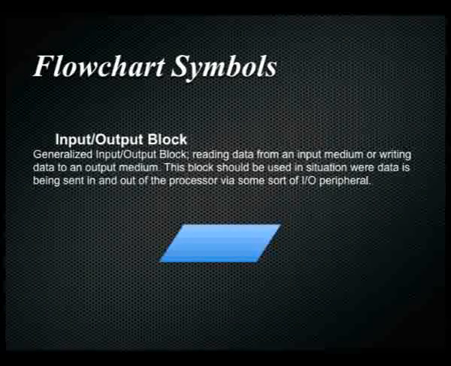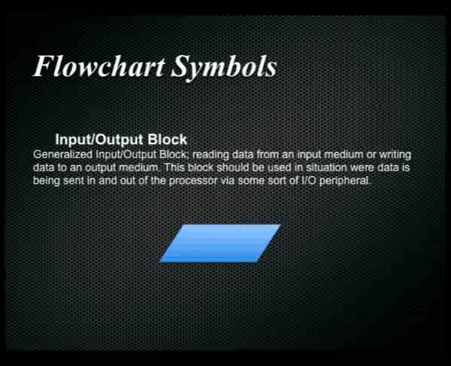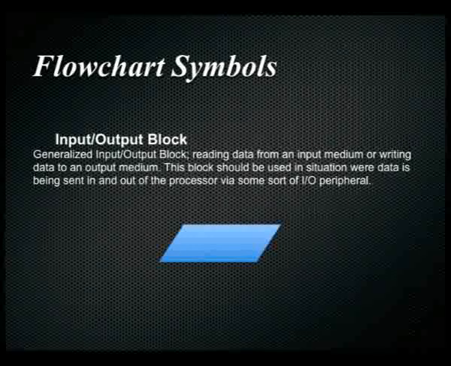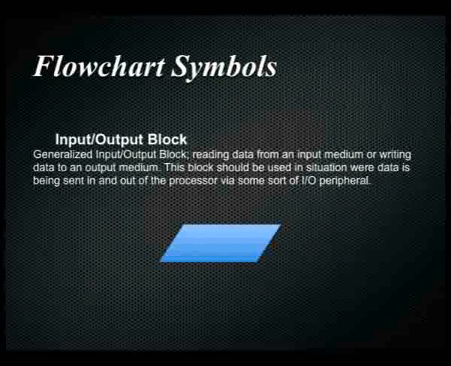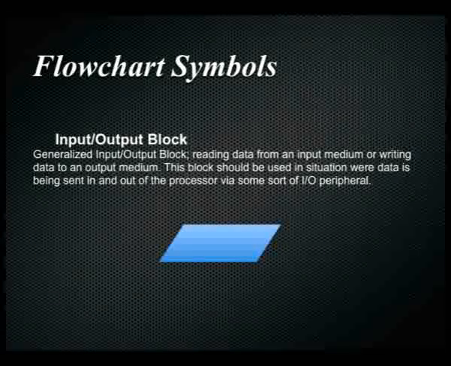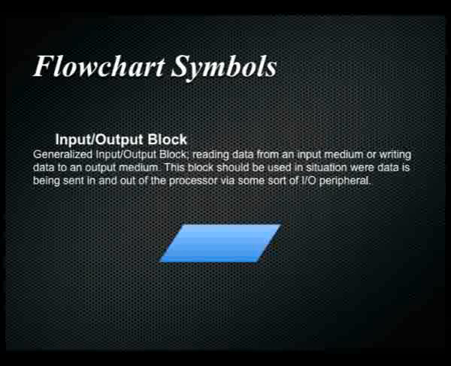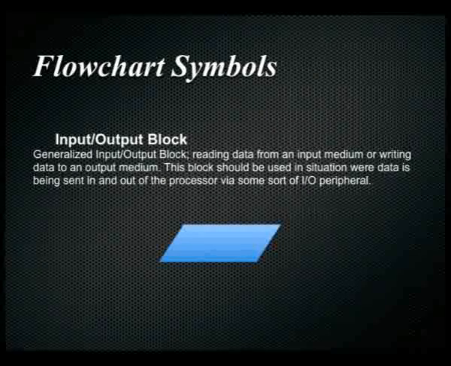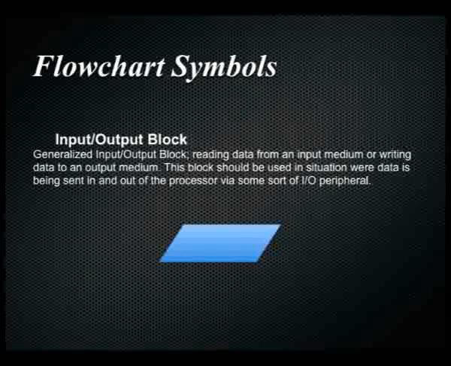Flowcharts use a series of different blocks to represent different actions that we might be doing inside our solution. The first block I'm going to talk about is the input-output block. This is a generalized input-output block, which is used when we want to read data from the outside world, or write data back to the outside world.